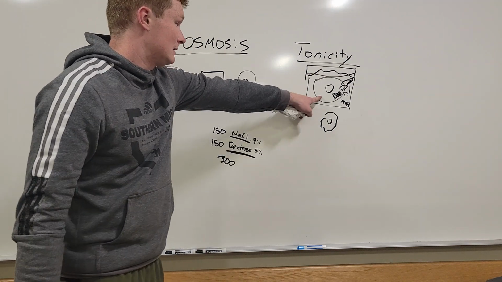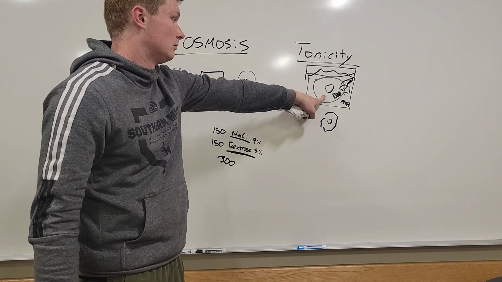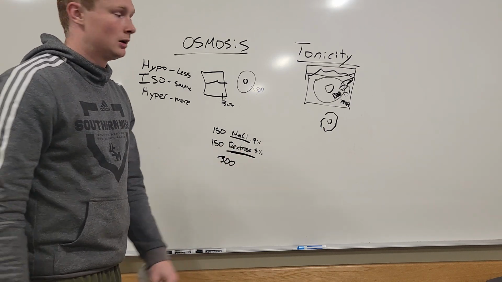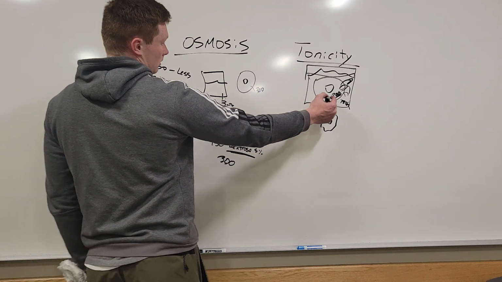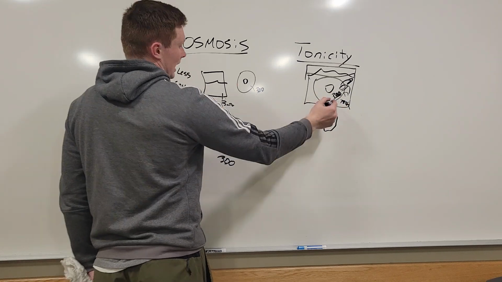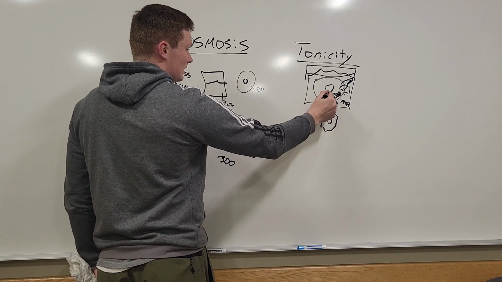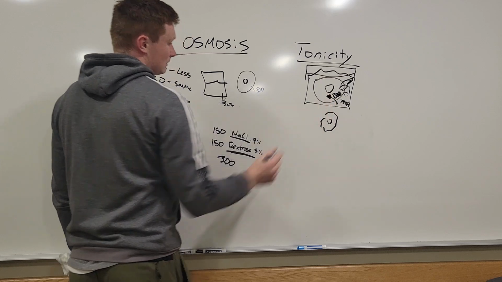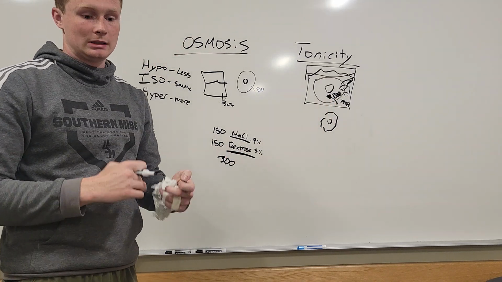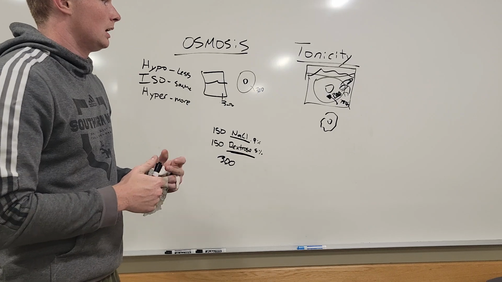So now this is going to be hypotonic, right? Or I meant hyper, my bad, hyper. Water is going to rush into here because it needs it, right? It's trying to be at equilibrium.